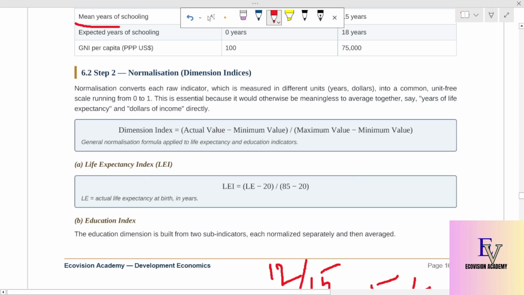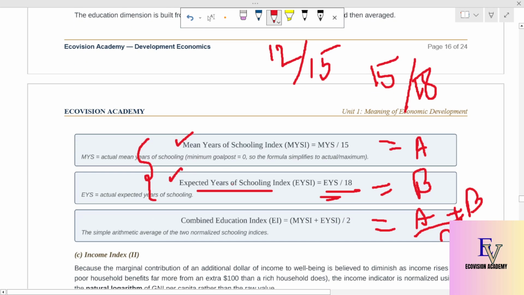For life expectancy, if any kind of life expectancy data comes to me, as I already told about 45, it is 45 minus 20 divided by 85 minus 20. But for mean years of schooling and expected years of schooling, I will just divide them by 15 or by 18. And for that data, I will make a combined education index, which is A plus B divided by 2. A is the mean years of schooling after dividing by 15 and B is the expected years of schooling after dividing by 18.